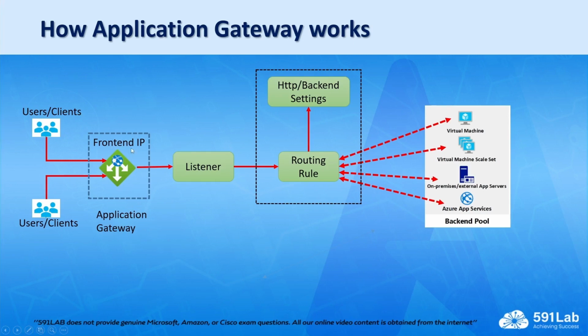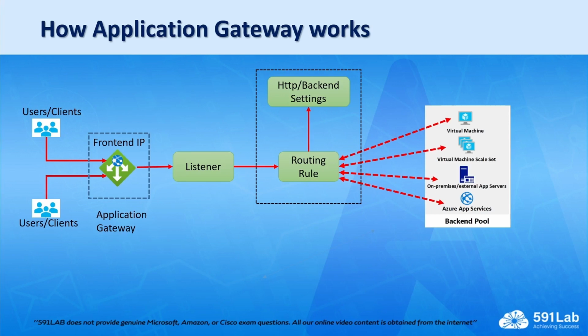If the application is supposed to be accessible from the internet, then we need a public IP at the front end. If the application is only supposed to be accessible within the organization's network, then we can use a private IP at the front end. Additionally, we can configure both private and public IP together at the front end to serve external and internal users both.